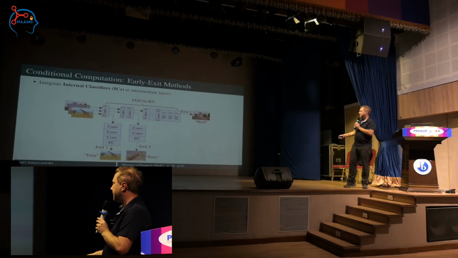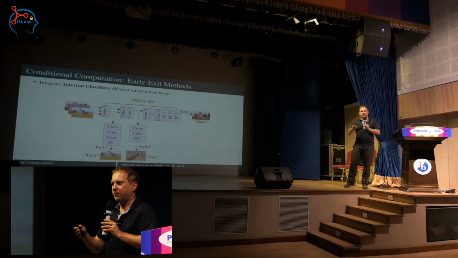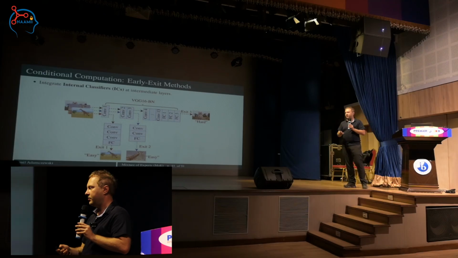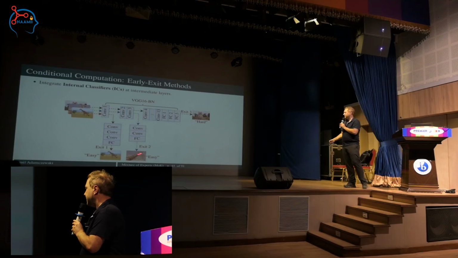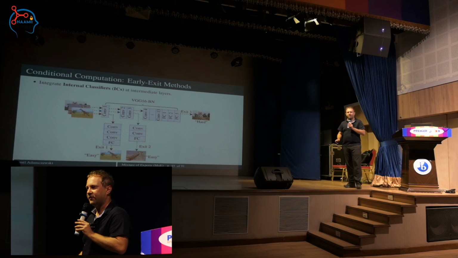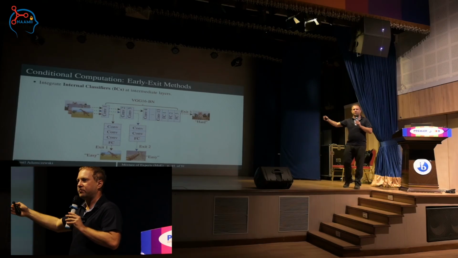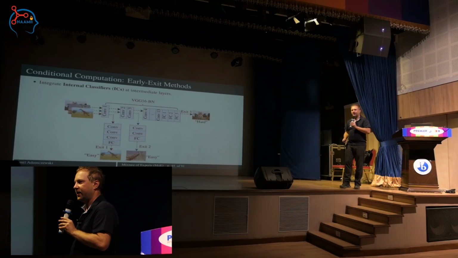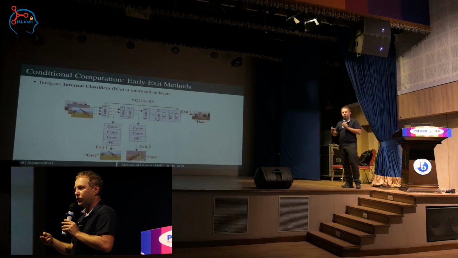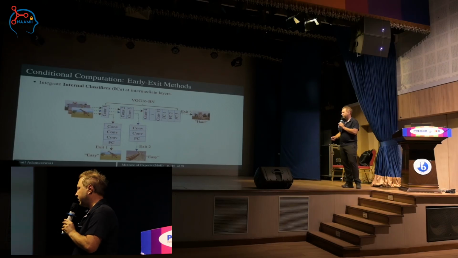But in early exits we have classifiers after each layer. Because perhaps for some inputs which are very easy, like say this giraffe, we clearly see that this is a giraffe. We don't really need the power of the 32 stacked layers. Maybe after one or two, we will know that this is a giraffe.